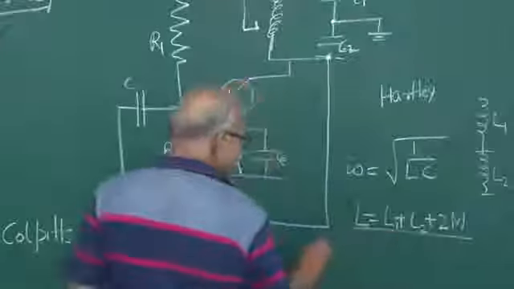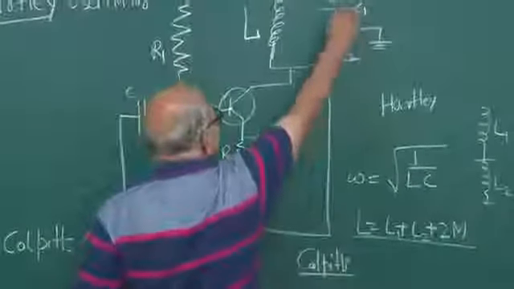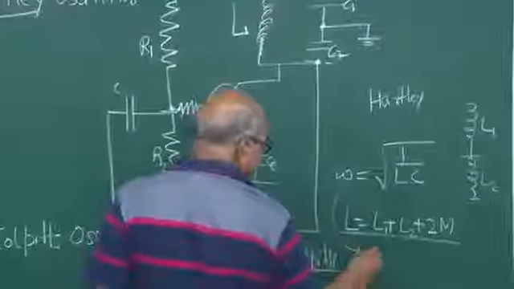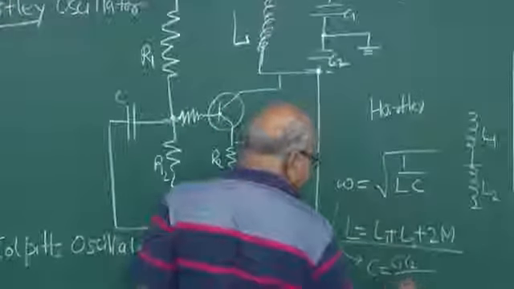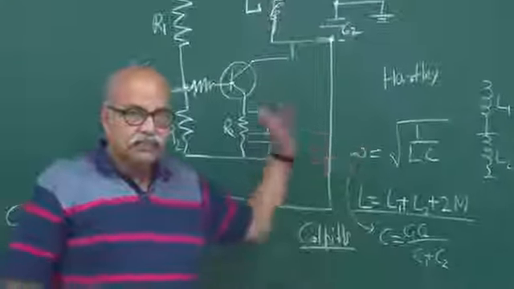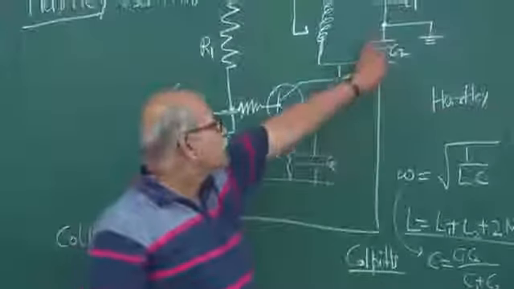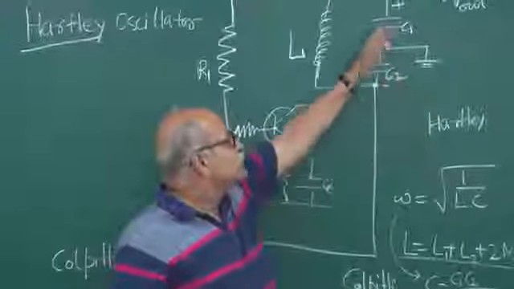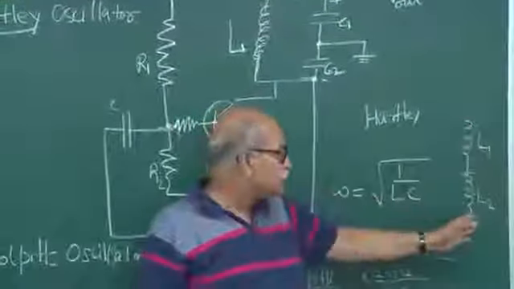And in the case of Colpitts, the capacitances are there in series. So here again the same story, but C has to be the series combination, so it will be C1 C2 divided by C1 plus C2, with whatever L is there. So this is how these things are determined. And how much will be the feedback, what fraction will go into the feedback, is again decided by the ratio of C1 and C2, and for Hartley the ratio of L1 and L2, because the same current is going.